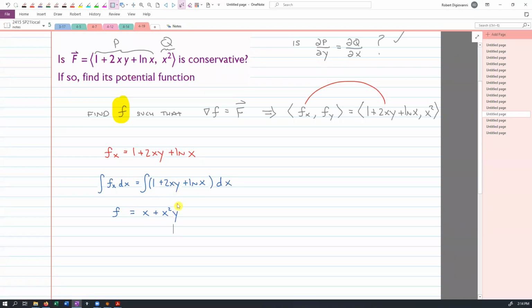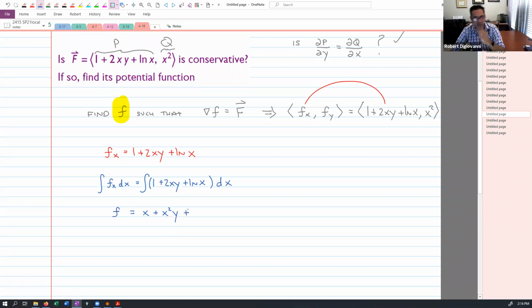Yeah, x squared y. Plus now the antiderivative of natural log of x. Some people know it, some people have seen it, some people haven't memorized it. I have it written down in my Cal 2 book somewhere. It's x ln x minus x.